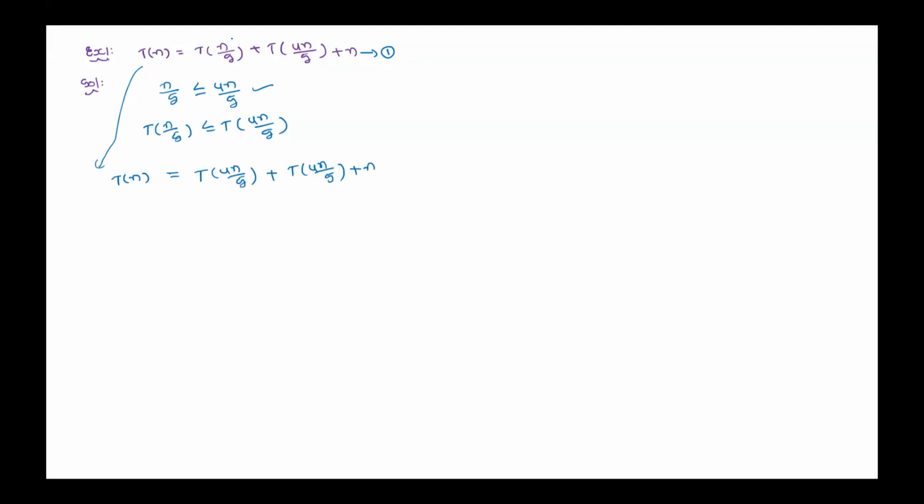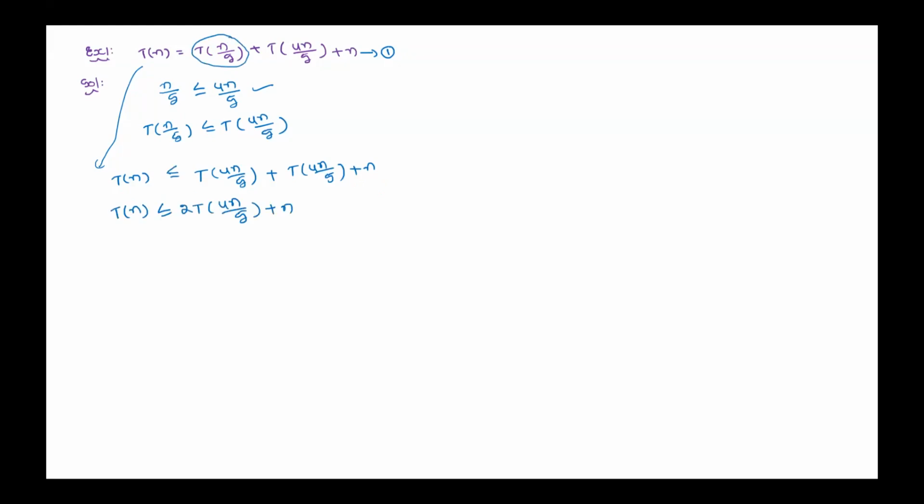T of n by 5 is less than or equal to... Oh, less than. Thank you. Now it is correct. So with small simplification, T of n is less than or equal to 2 times T of 4n by 5 plus n.